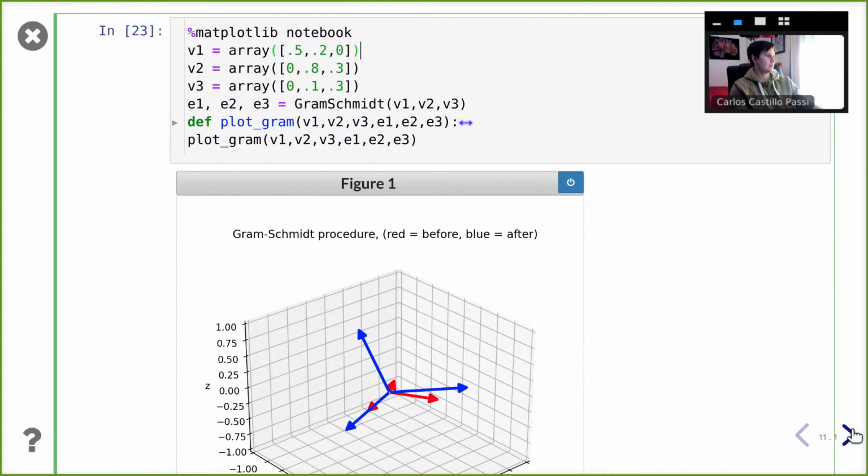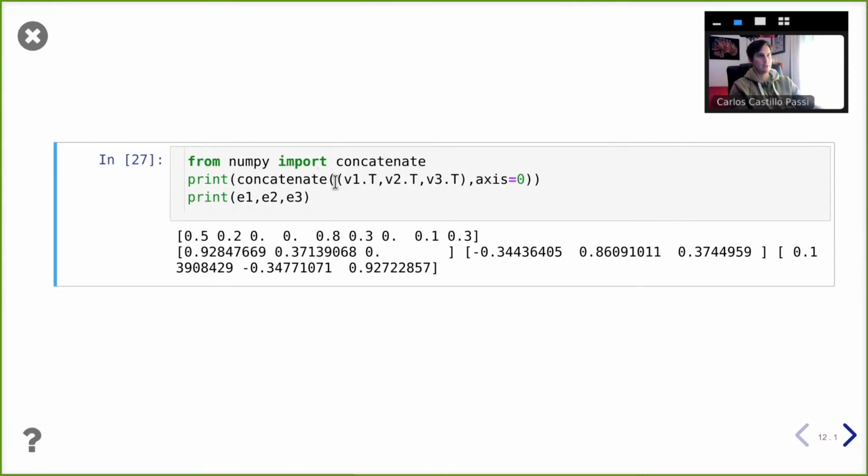I can make it work, but it's not that relevant. The only interesting part is that the vectors basically change to generate an orthonormal basis. I'll leave it as it is.